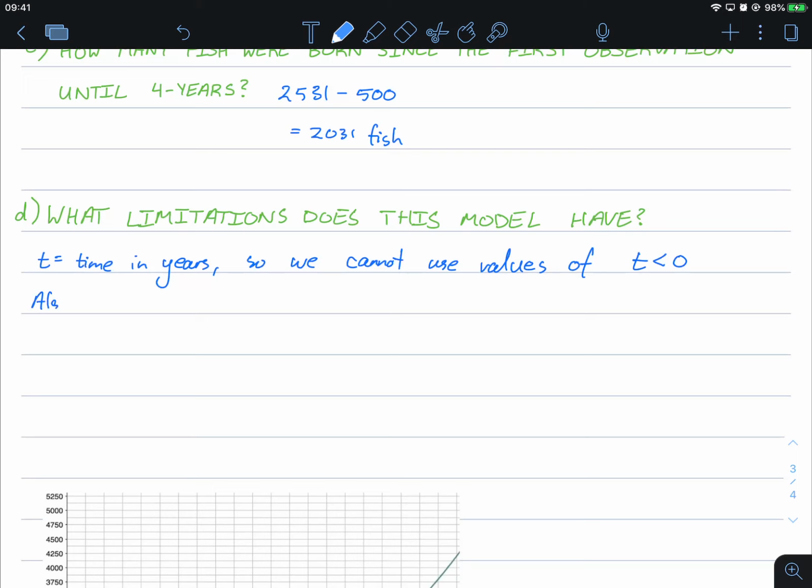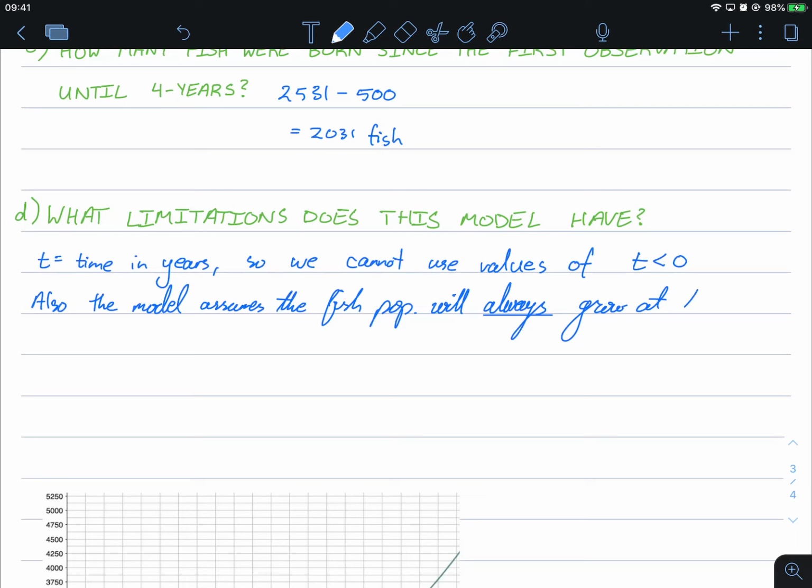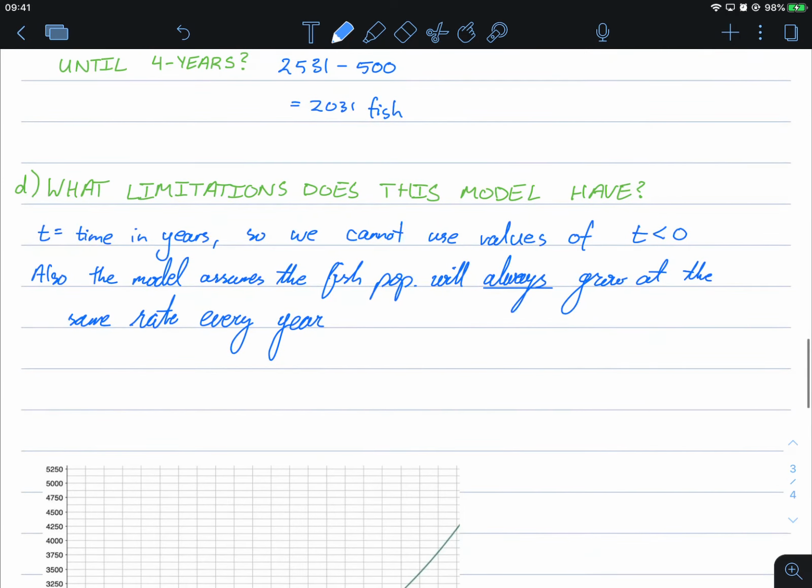Also, the model assumes the fish population will always grow at the same rate every year, forever.